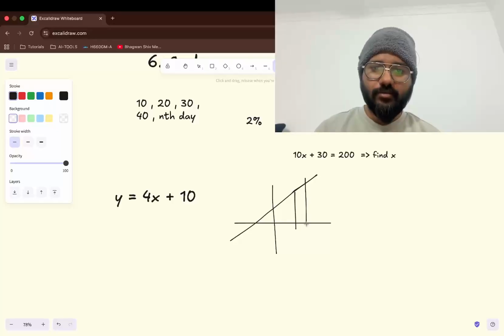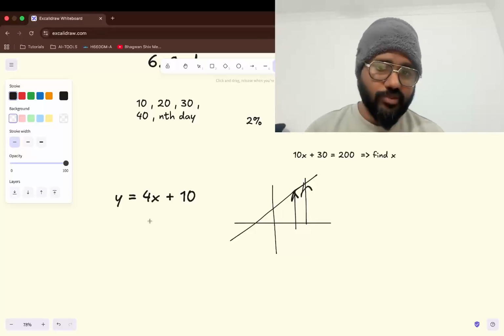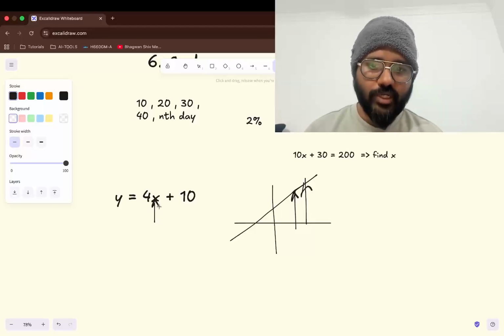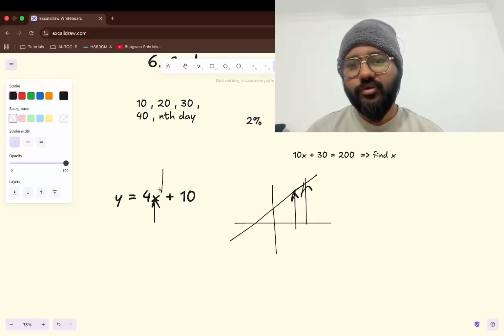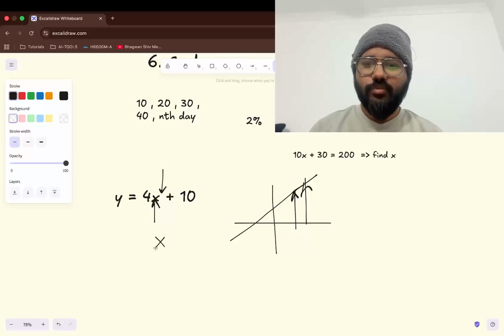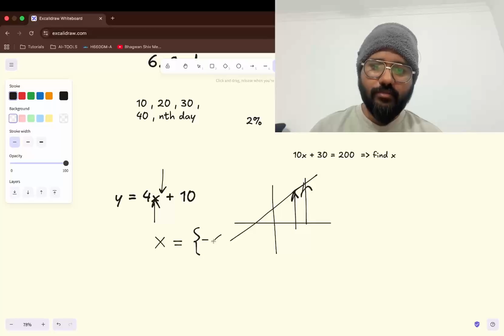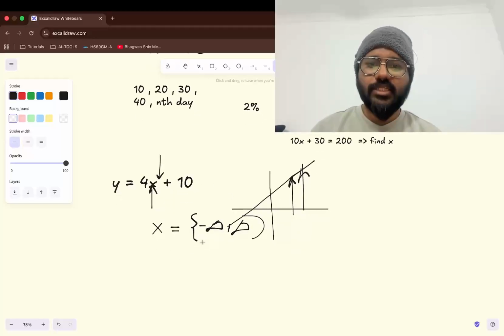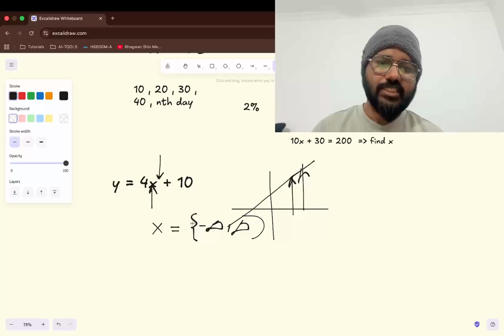There is a mapping. If I ask you for 0.5, what is the value? You will get one value. For 0.2, for 1, 2, anything. So the domain, which we talked about, is minus infinity to infinity, and the range is also minus infinity to infinity.